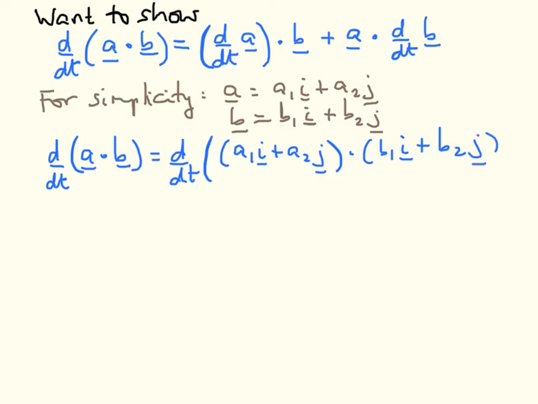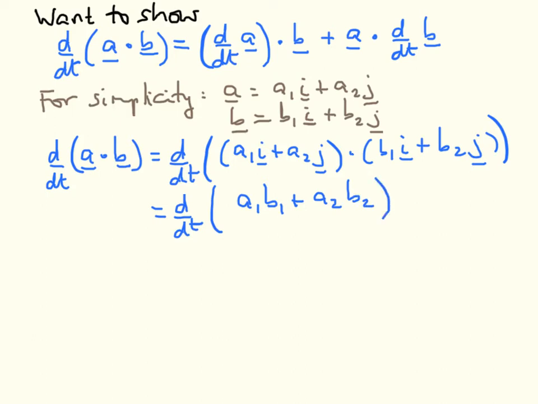So all I've done is explicitly written out what a and b are. And now we have to take the scalar product. So this is equal to, we'll worry about the derivative afterwards, a1 b1 plus a2 b2.